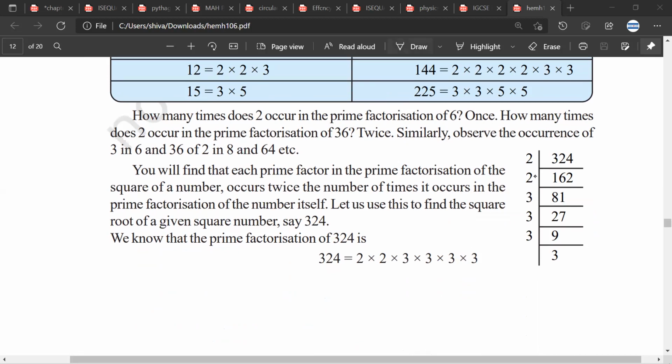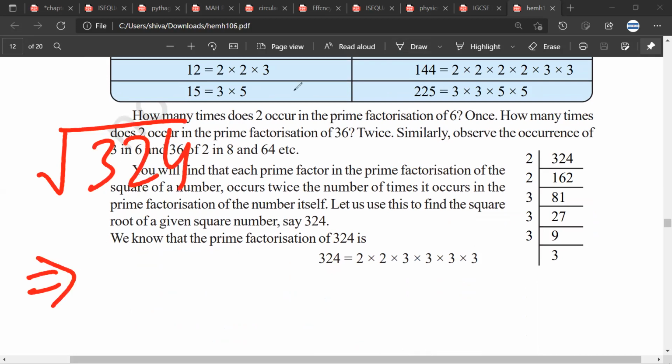But then you will meet the wicked numbers also. For example, if you want to find the square root of 324, why am I calling it wicked?